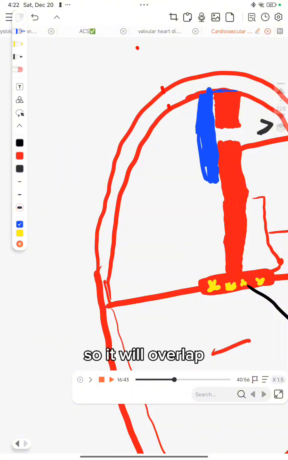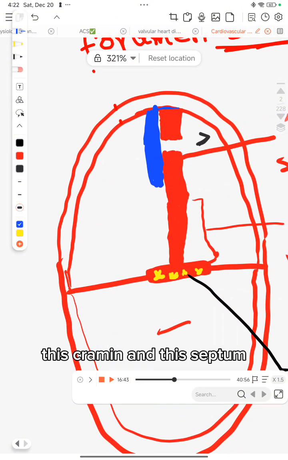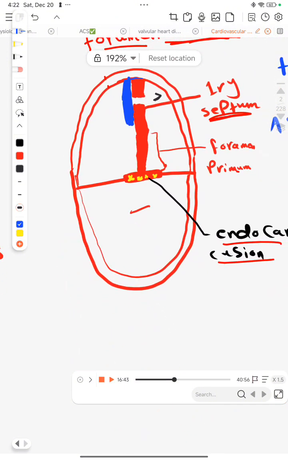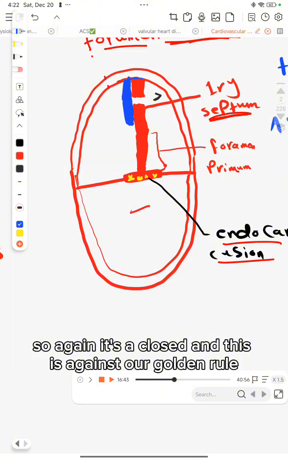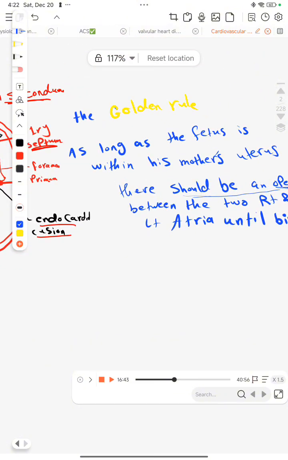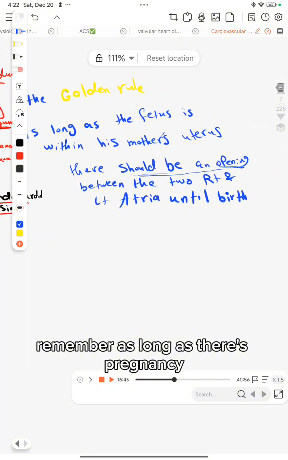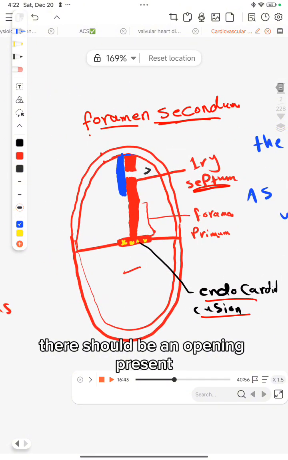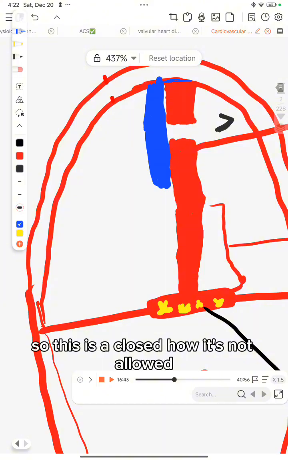So it will overlap this foramen and this septum. So again, it's closed. And this is against our golden rule. Remember, as long as there's pregnancy, there should be an opening present. So this is closed. How is it not allowed?